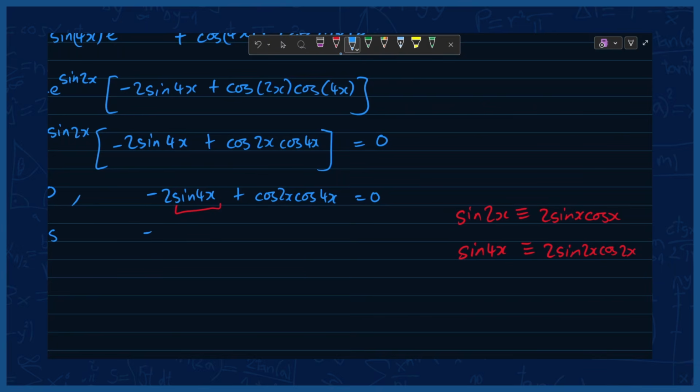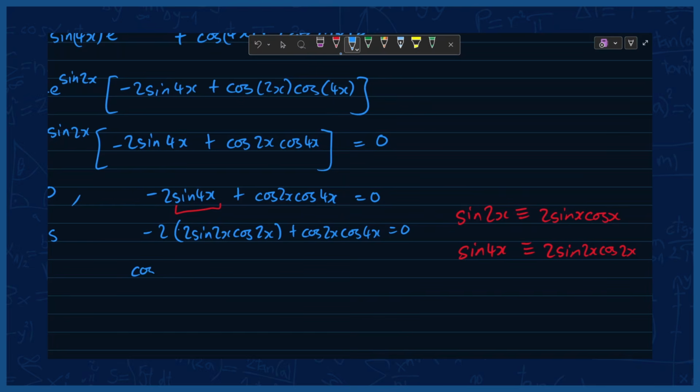So I can replace the sine 4x with my 2 sine 2x cos 2x. So I end up having negative 2, that's in brackets 2 sine 2x cos 2x plus cos 2x cos 4x. This is equal to 0. I hope you can see that I can factor out a cos 2x in both terms.